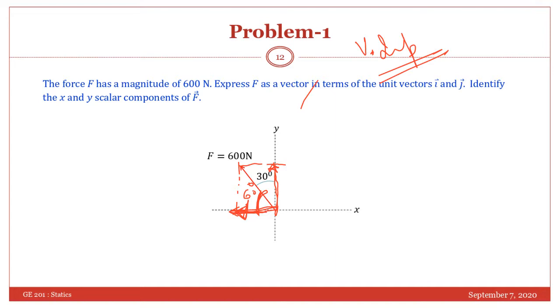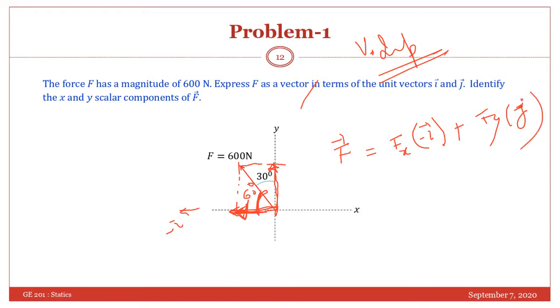So in such problems, simply you have to resolve it in the x and y direction and then multiply with their unit vectors. You will get the force vector. So your force vector will be Fx, into the unit vector in this direction, which is minus i, plus Fy into j.